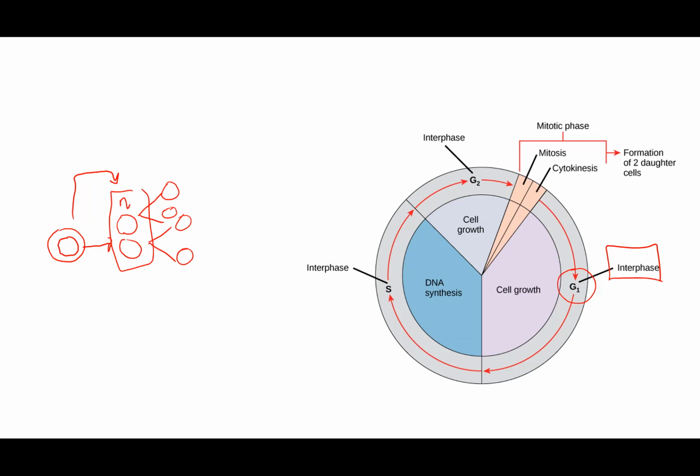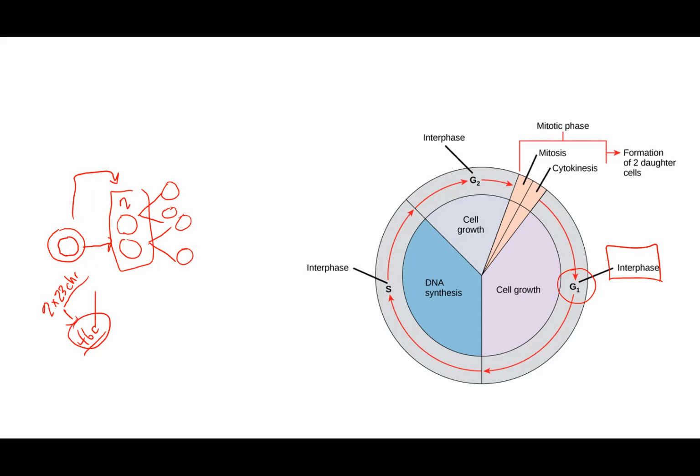If it's a human cell, it has two sets of 23 chromosomes, for a total of 46 chromosomes. That's the total amount of chromosomes in human cells.